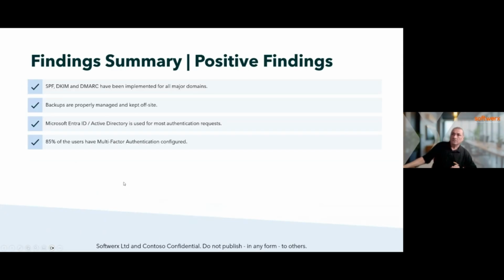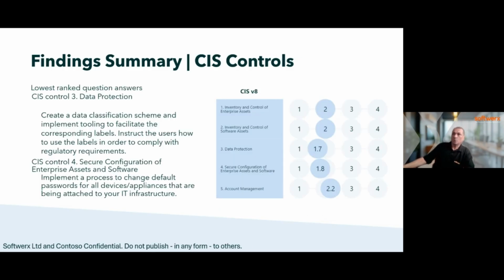So we'll then move on to the findings. So we'll look at the CIS questionnaire controls, look at the lowest ranked question answers there, and give you a recommendation of how to address those to improve that maturity score.